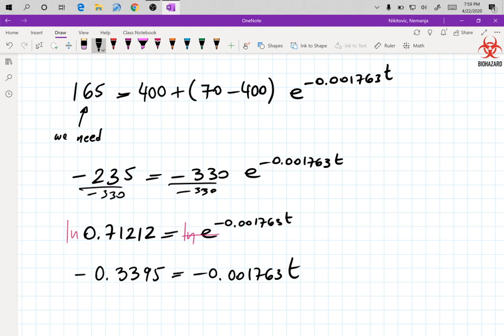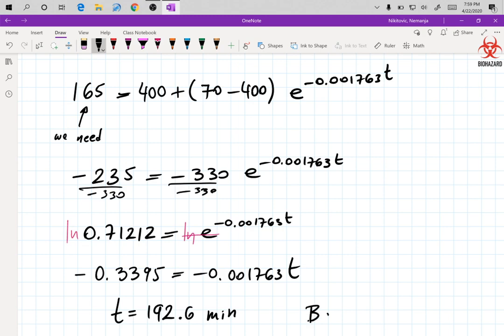Divide the number you got by 0.001763 to get t equals 192.6 minutes.